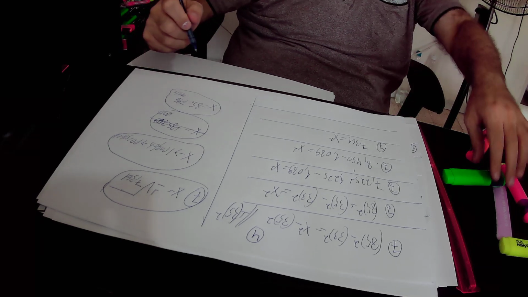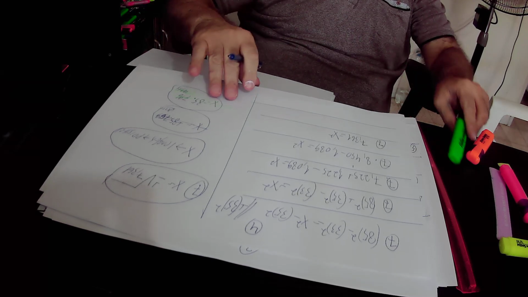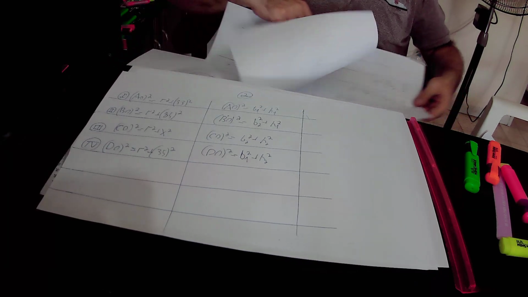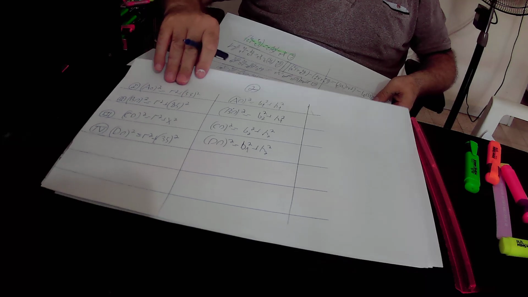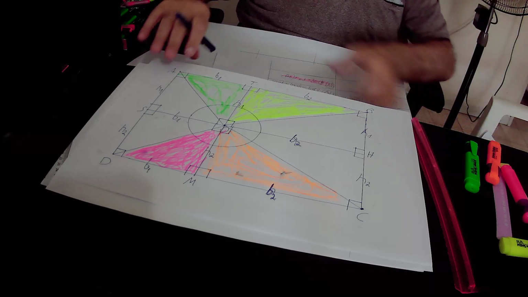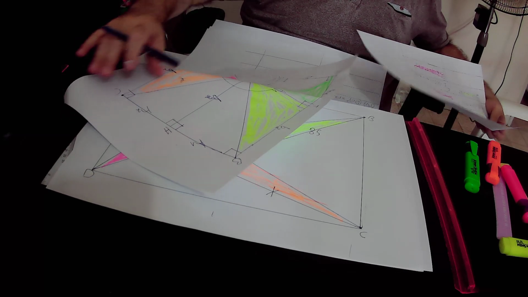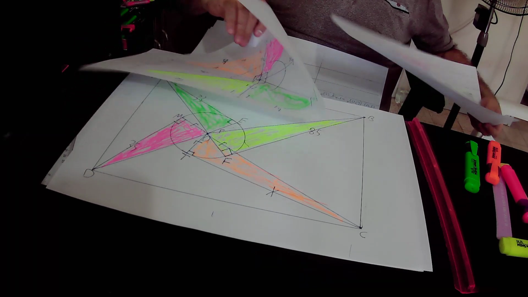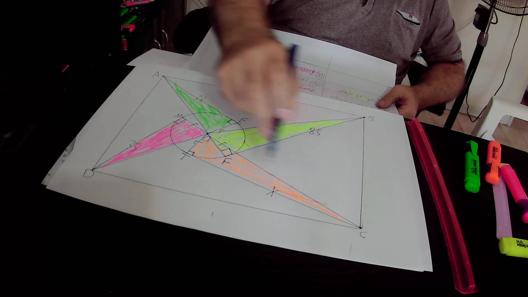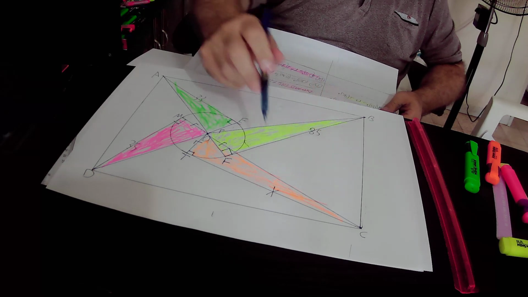So we found out that the length of line segment X, the line segment that we are looking for, the length of this line segment X equals 85.796 units.